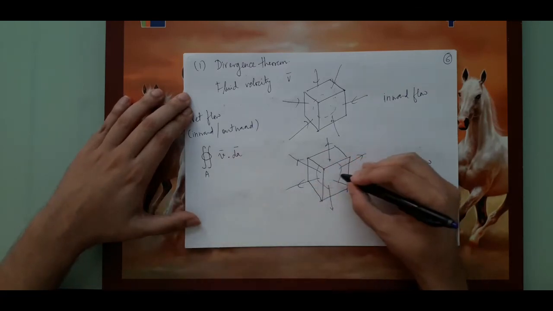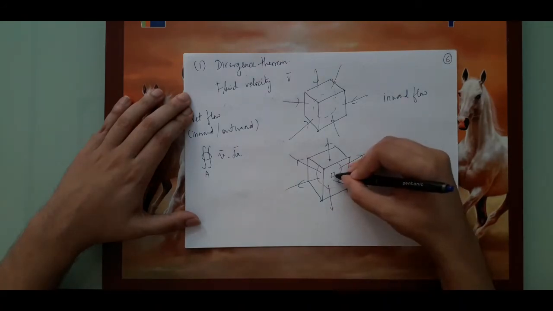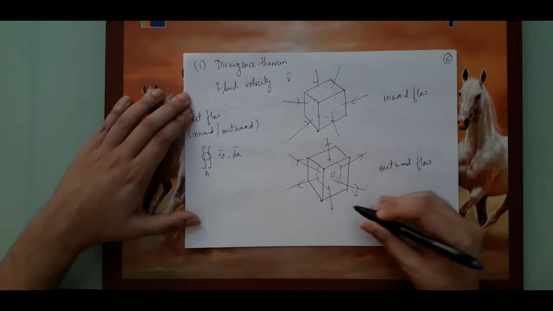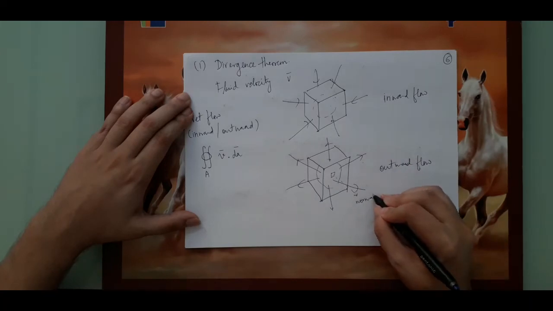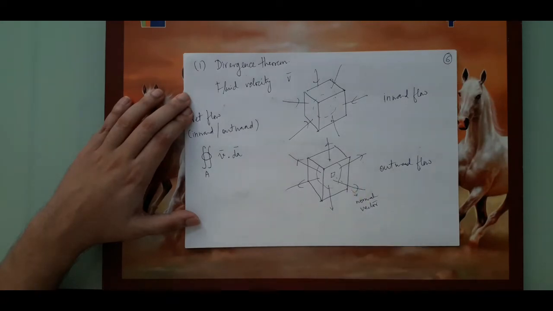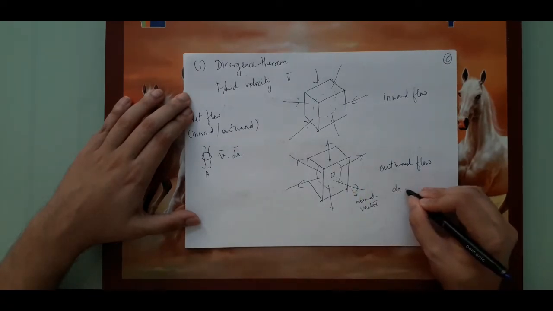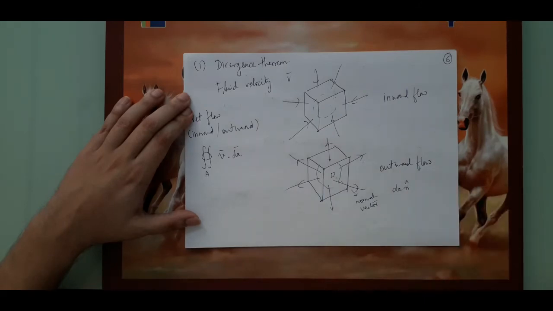On this surface it is the actual area multiplied by the normal vector, the perpendicular vector on the area surface. So the actual area value times the normal vector, that is the dA vector. This is the net flow.